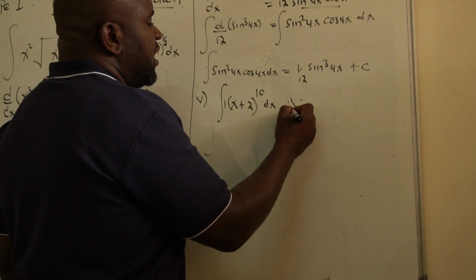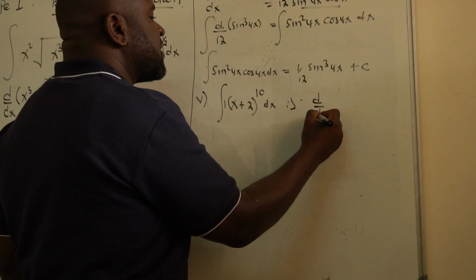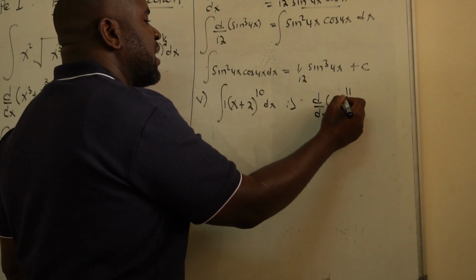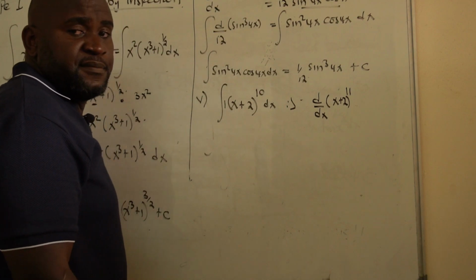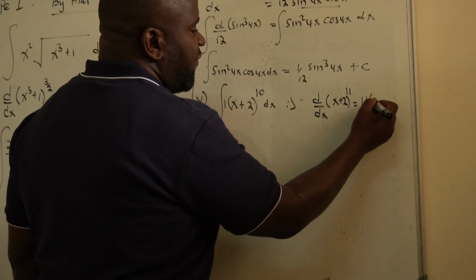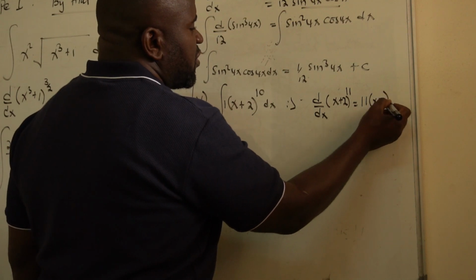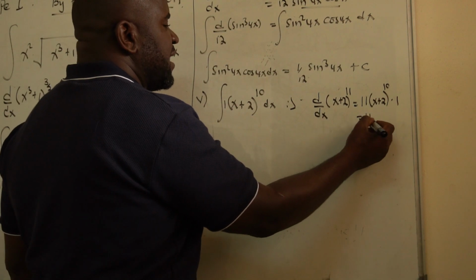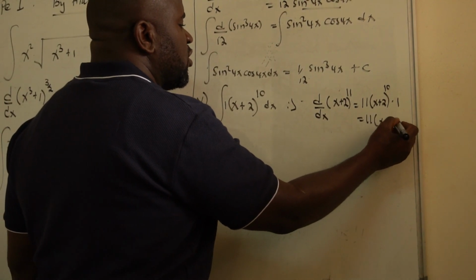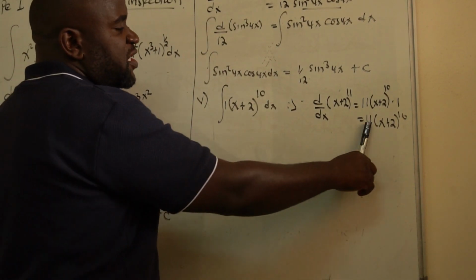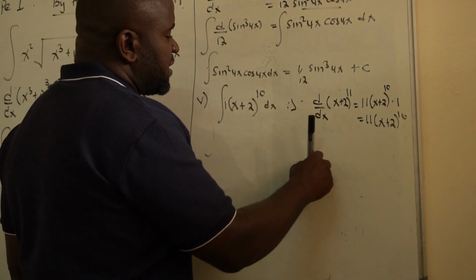So therefore, if I'm to increase the power of the bracket, I'll inspect the derivative of x plus 2 to the power 11. Then when I differentiate this, I'll get 11 of x plus 2 to the power 10 times 1. That's how it realizes 11 of x plus 2 to the power 10. To design the question, remove the coefficient 11 by bringing it on this hand.